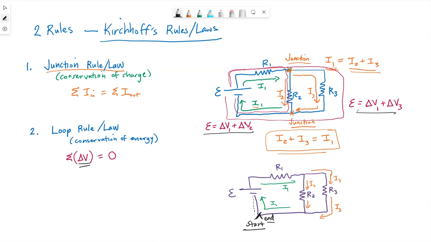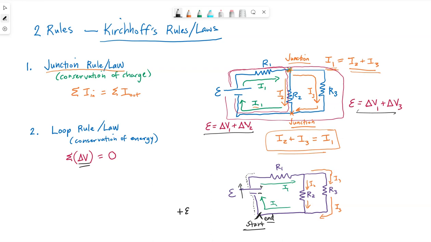I am passing from this short end of the battery that is negative. I cross over to the positive end of this battery. Since I'm going this way, I see an increase in the battery voltage. That's just based off of the direction I have chosen to follow my path.